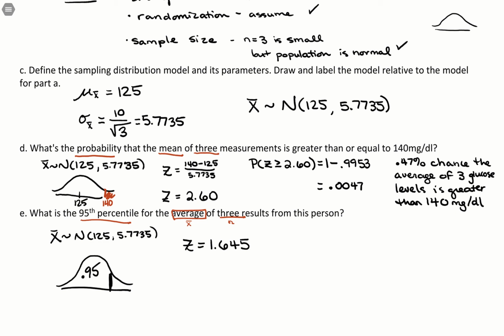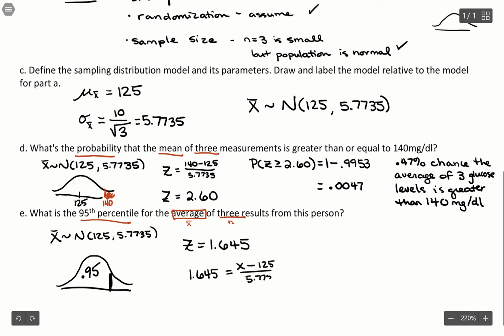And then what we can do is convert this into a glucose level. So we just need to convert where we have a z-score of 1.645. That's coming from some x value minus the mean over our standard deviation. And then we just need to solve for x. And we should get an x value of 134.4974.